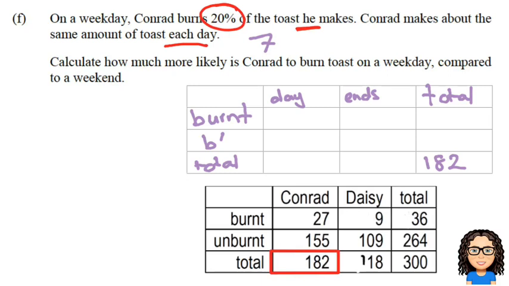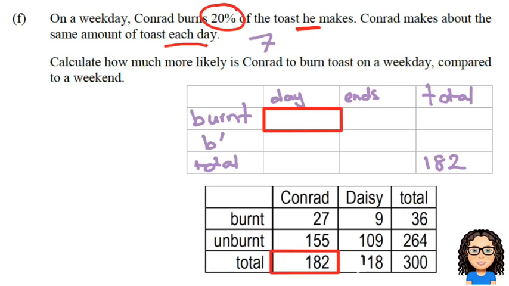So that 20% is referring to him burning the toast he makes. Okay, so Conrad burning, and that's on a weekday. So that's talking about this box here. And he's saying in that box, 20% of the toast he makes is burnt.